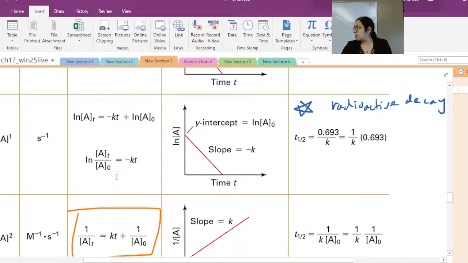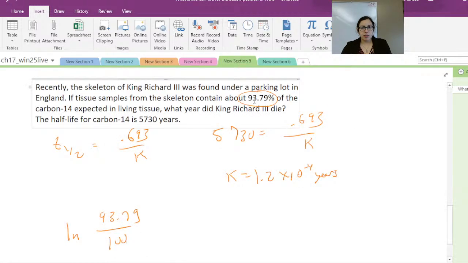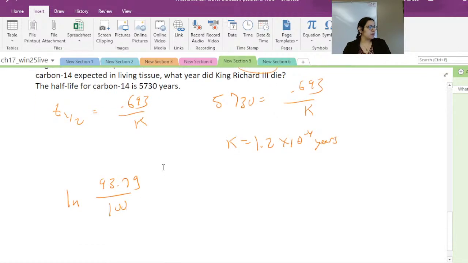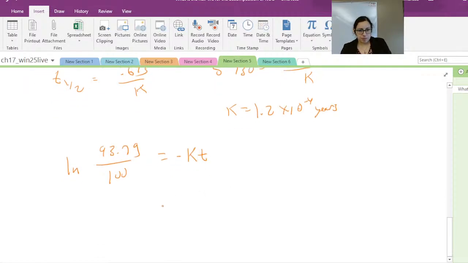Obviously, at time 0 it's going to have 100% of the parent material, and at time T they told us it was only 93% of the expected carbon. So that equals negative KT. And now we just need to solve for T.